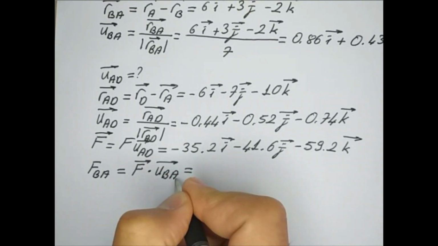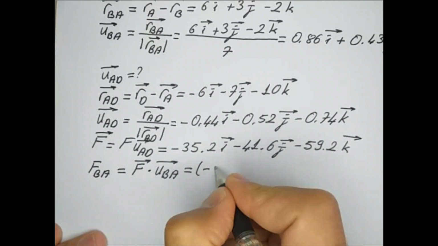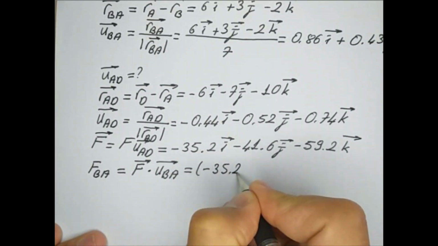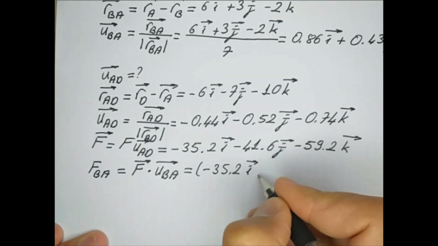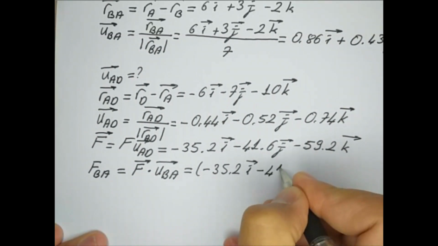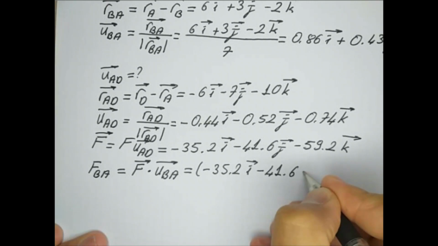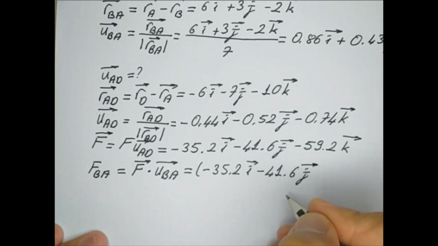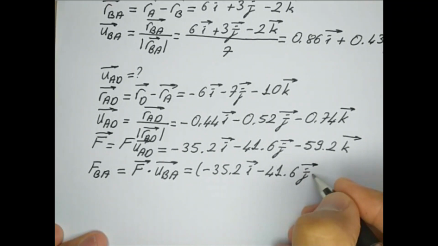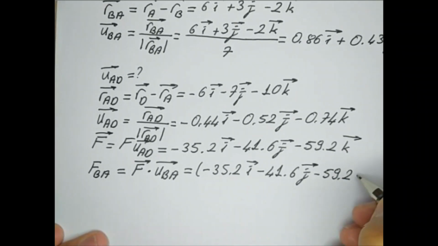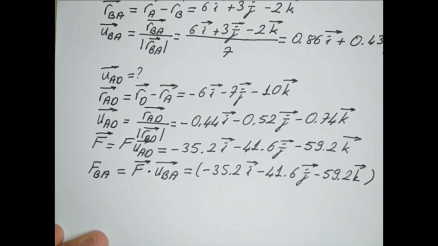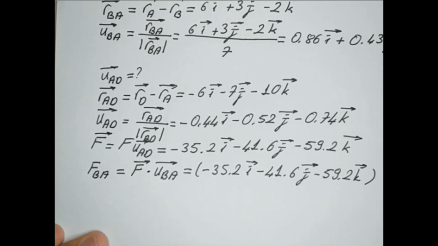This is minus 35.2i vector minus 41.6j vector minus 59.2k vector, multiplied by UBA.